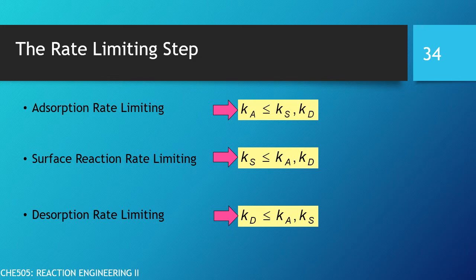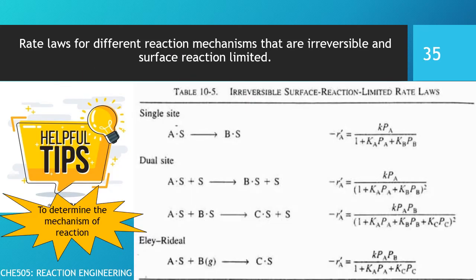And if desorption is rate limiting, k_D is smaller than k_A and k_S. k_A is the rate constant for the adsorption step, k_S the rate constant for surface reaction, and k_D the rate constant for desorption. We will use either one based on which step is rate limiting for the overall reaction. I will explain this later.